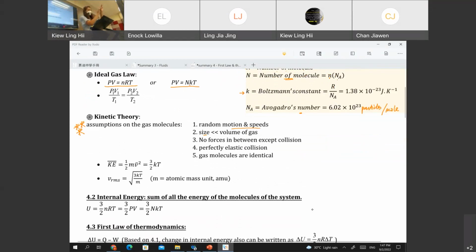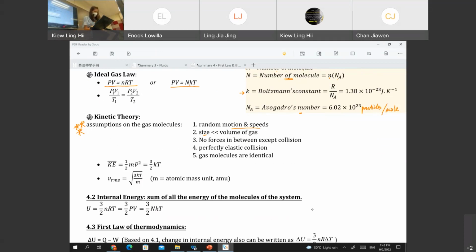Okay, the size of the particle is very small compared to the distance between the particles. So no forces between the particles except during collision. And even though there is collision, it is perfectly elastic collision. And finally, the molecules are all identical, meaning that the gas type must be the same.